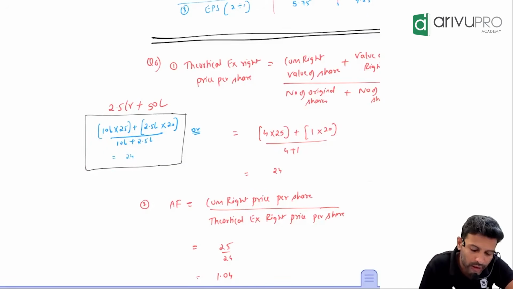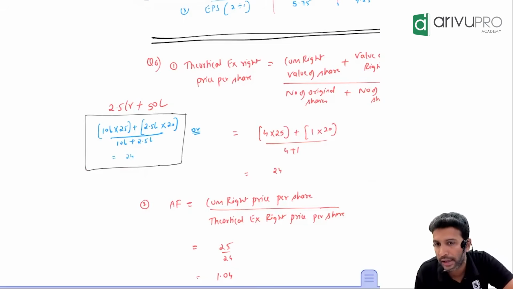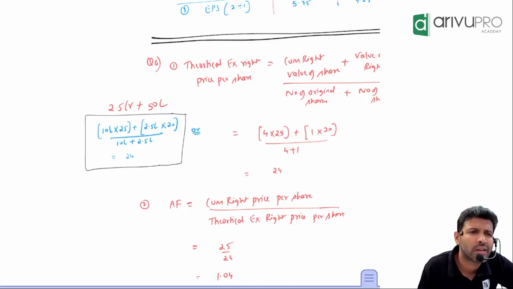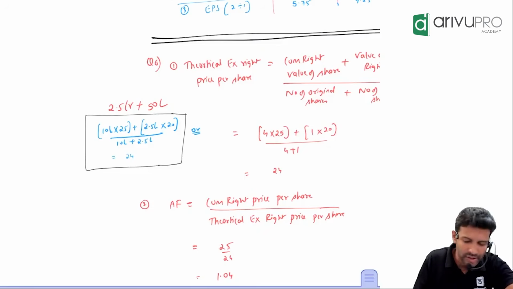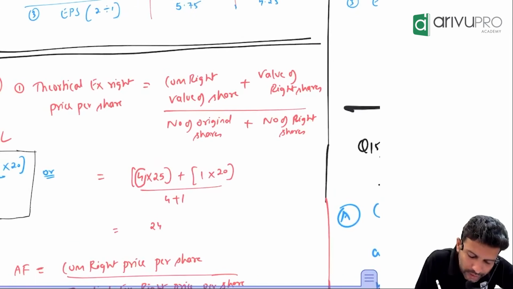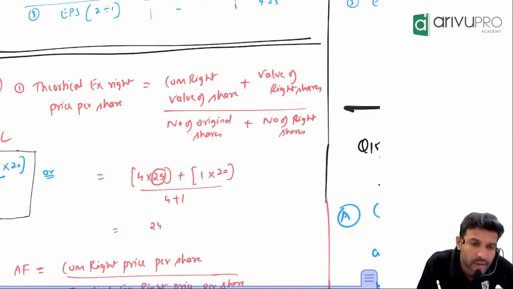If you don't want to work with big numbers, there is another approach to calculate the same. Right shares is given in one ratio. What ratio? 1:4. That means you can take a simple number and work out. How many original shares you should have to get right shares? 4. What is the value of 1 original share? 25. If you have 4 original shares, how many right shares can you buy? 1. And what is the value of 1 right share? 20.